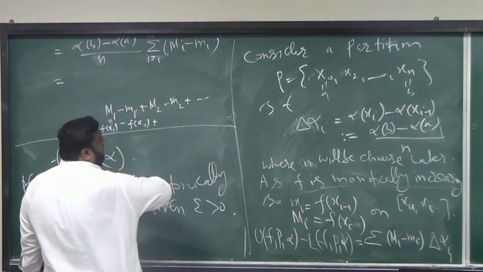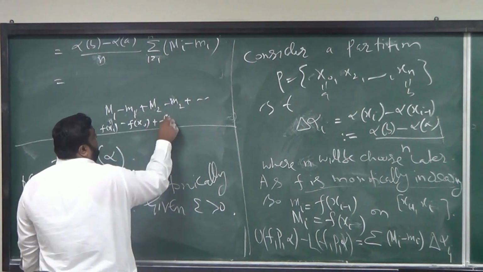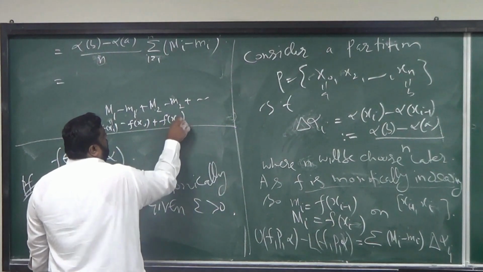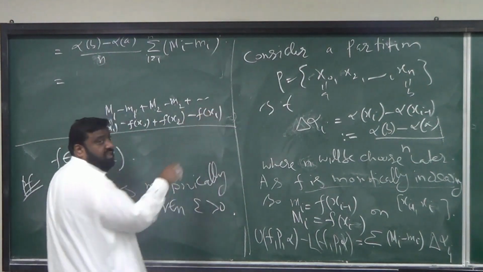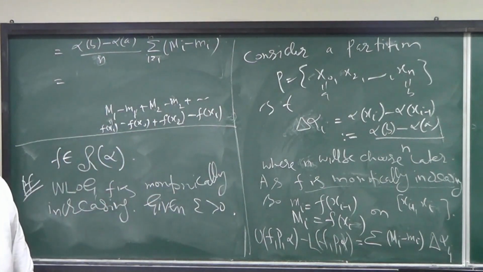And what is this guy? f of x2 minus f of x1, because on x1 to x2, you have this.